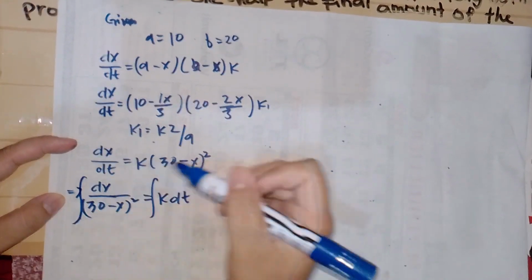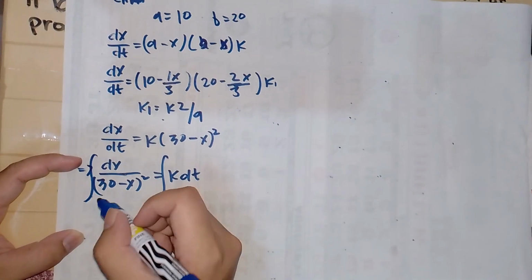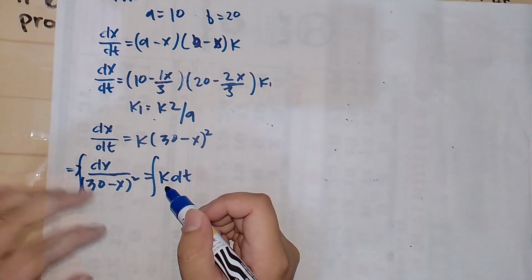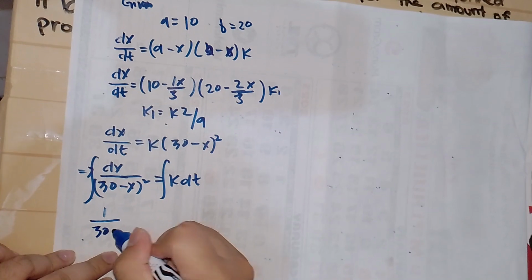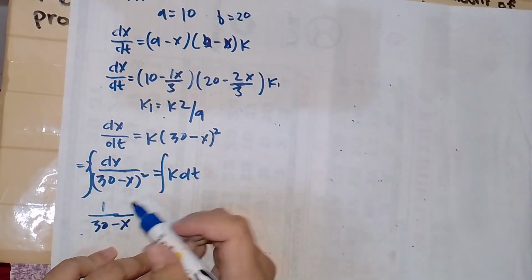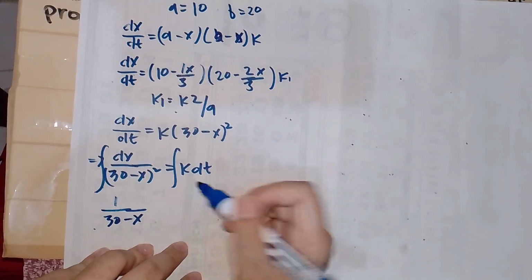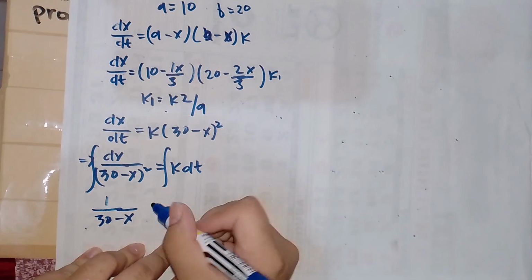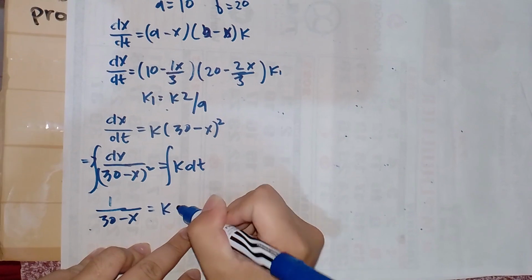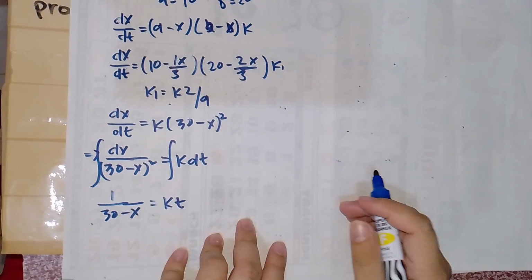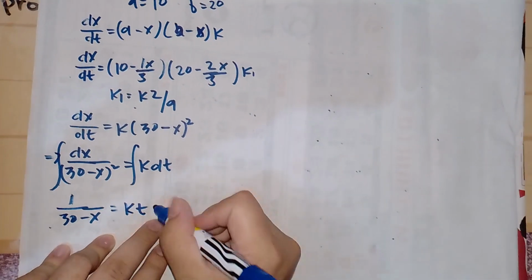So using integration, the integral of dx over 30 minus x squared is simply 1 over 30 minus x. Okay, and for the k dt, it was simply k of t. Alright, so since we have this equation, 1 over 30 minus x is equal to kt plus c.